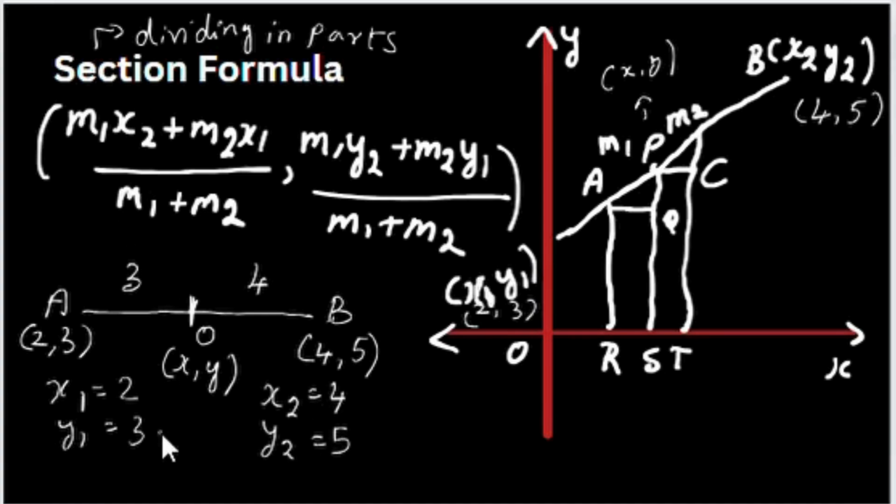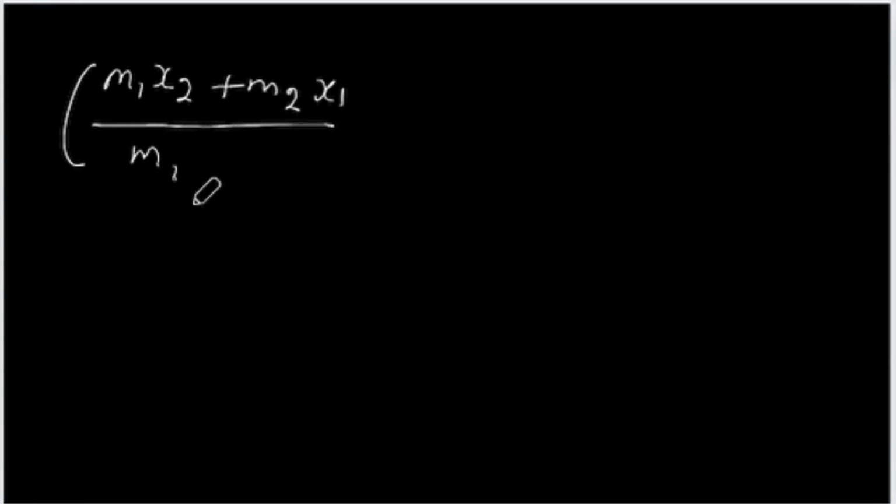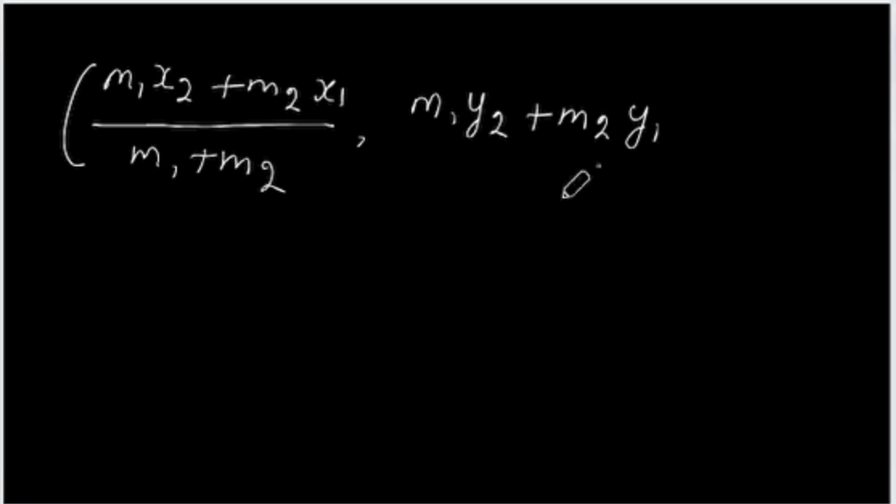We know m1 equals 3 and m2 equals 4. To learn this formula by heart: m1 x2 comes first, plus m2 x1, the whole divided by m1 plus m2, comma, m1 y2 plus m2 y1, the whole divided by m1 plus m2.